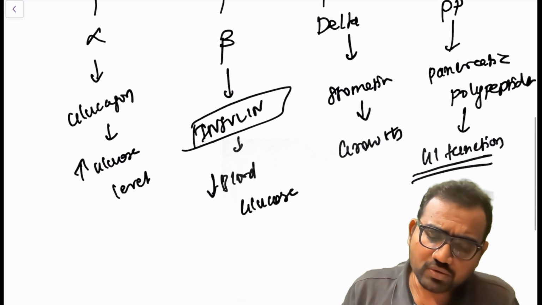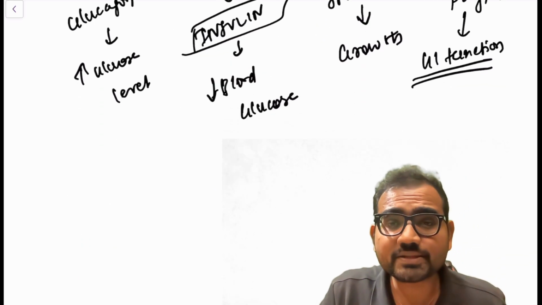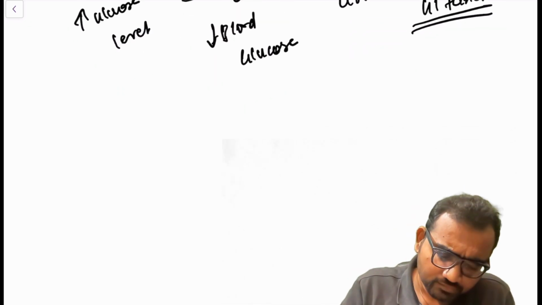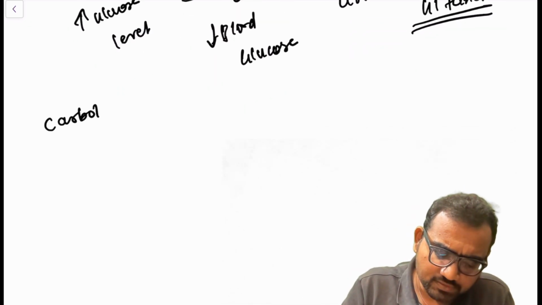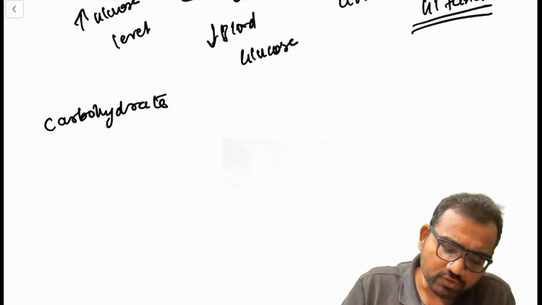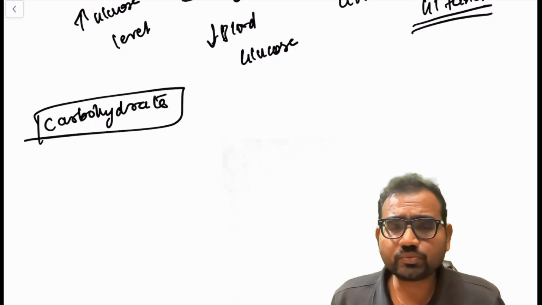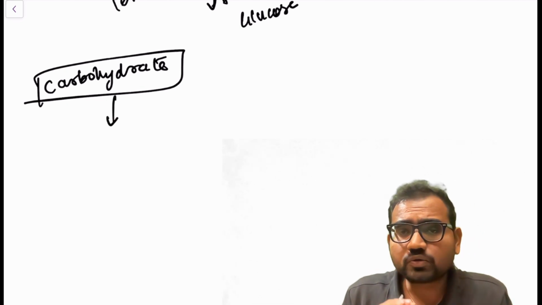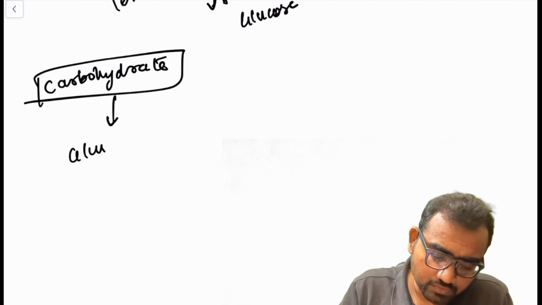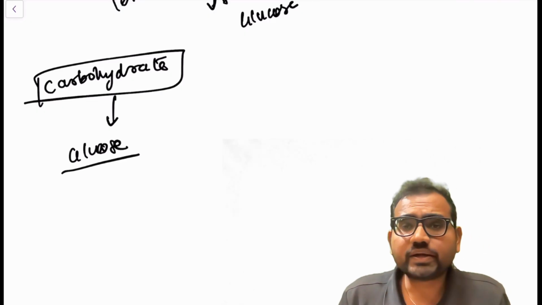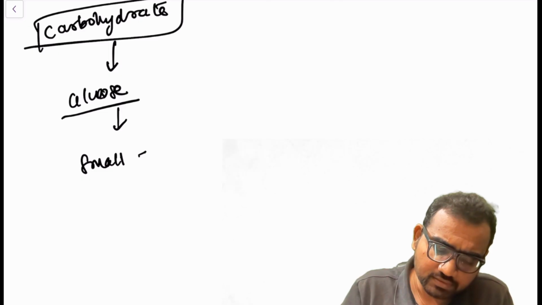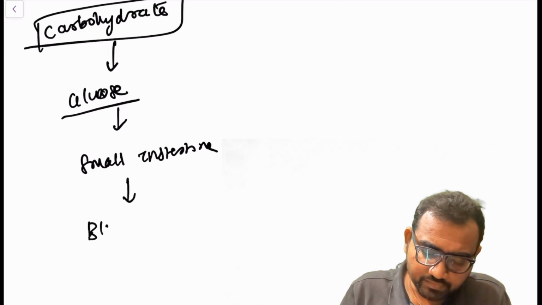Okay, so now, have you ever imagined what happens in the body when you consume food? In a very simple way, I am consuming carbohydrates. The carbohydrate which I am consuming, whatever form it might be, is broken down into glucose, and then it is taken up by the small intestine, which enters the blood.